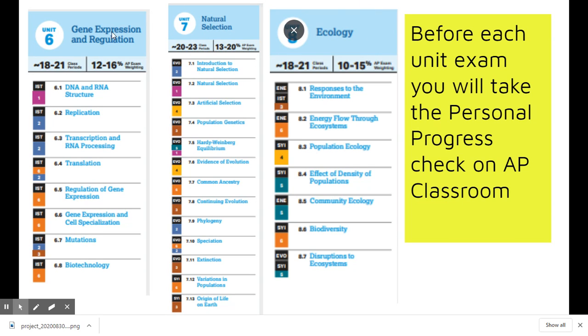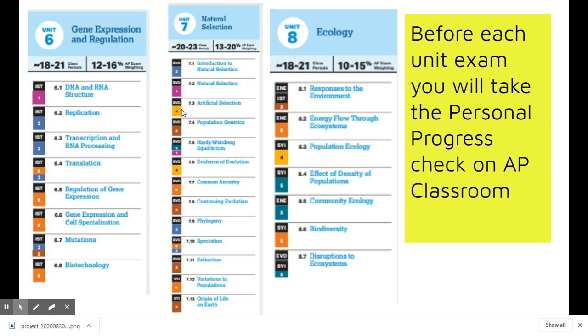So those are the 8 units of study to keep you able to understand where you're at in a given unit, where you've mastered content and where you need to go back.